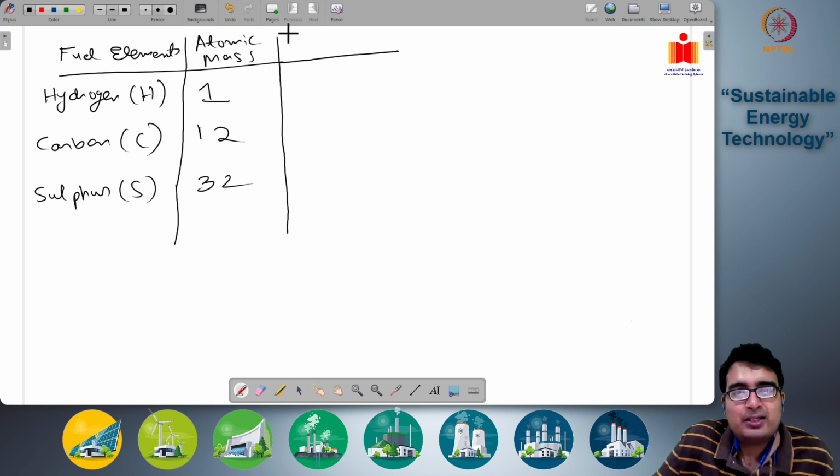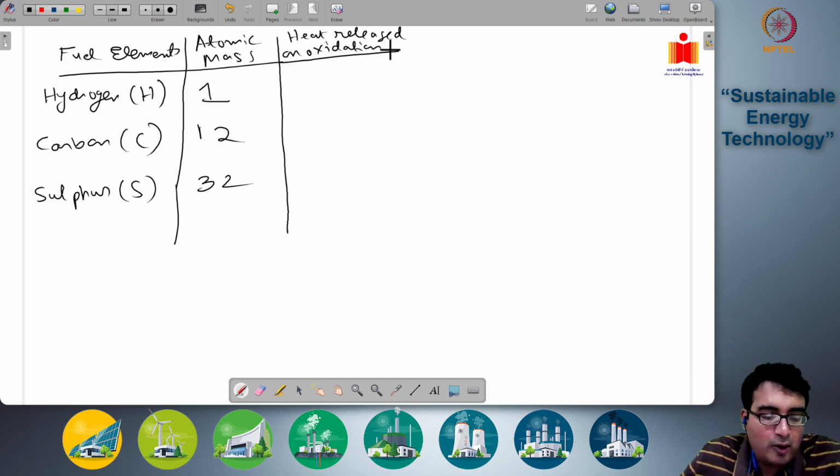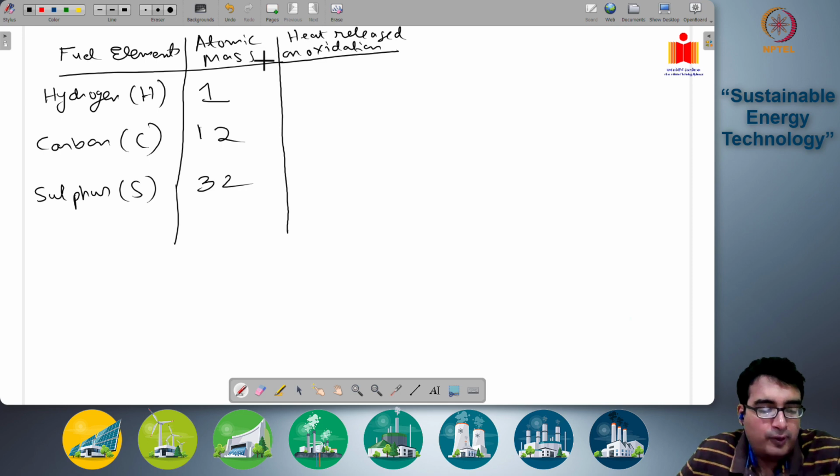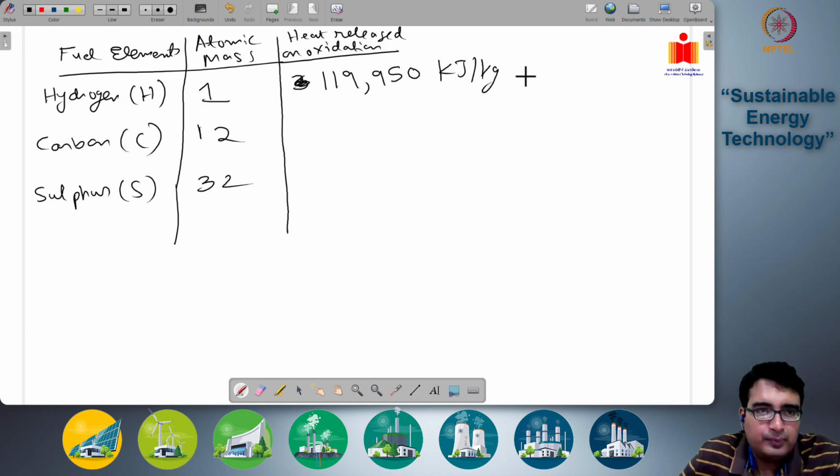Now, the next column is heat released on oxidation. It is how much heat is being released by each of these elements when they are completely oxidized. For hydrogen, it is 119,950 kilojoules per kg.